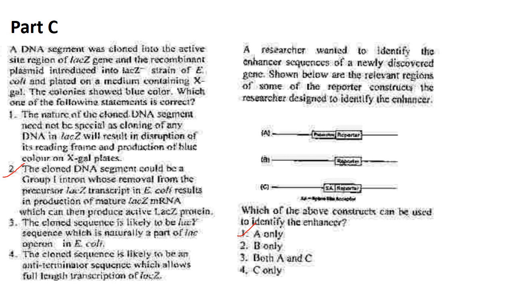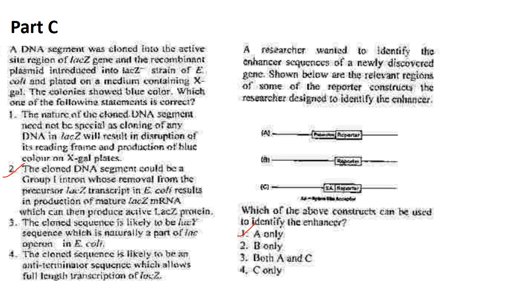So, the inserted gene is also creating LAC-Z minus condition, and E. coli chromosome also is having LAC-Z minus condition, and this was plated onto a medium containing X-gal. So blue colonies are formed. Now why are these blue colonies forming? Blue colonies are formed means beta-galactosidase is acting on X-gal, and it means somehow beta-galactosidase is synthesized. So we will see the options.